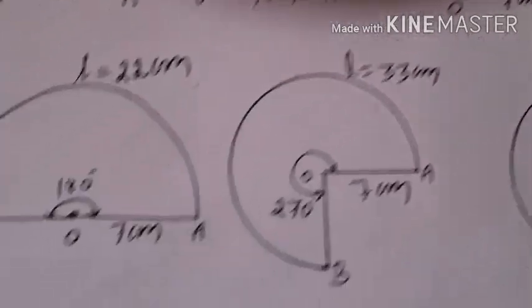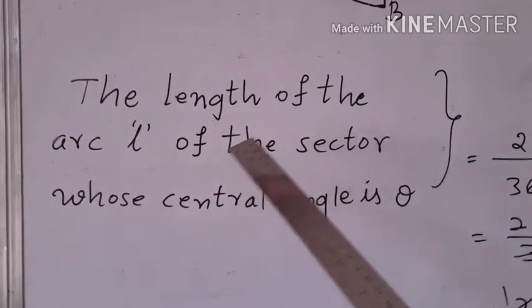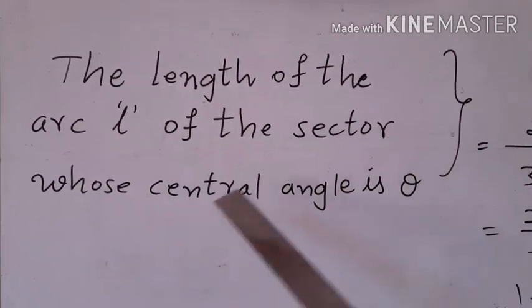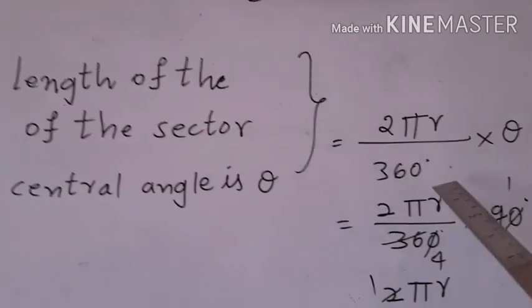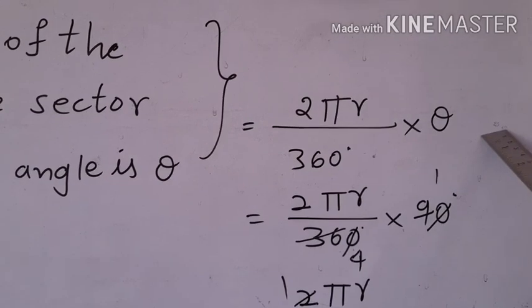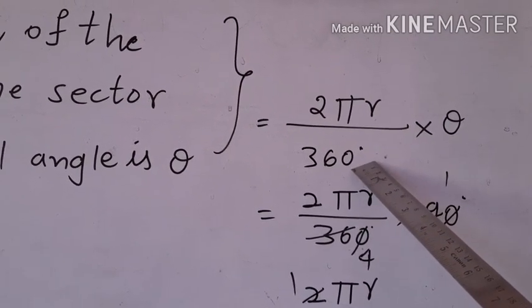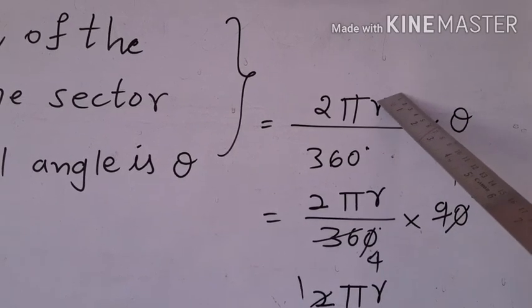Okay, for this we have the formula, the length of arc L of the sector whose central angle is theta, okay, is 2 pi r by 360 degree into theta. Okay, that is, when the central angle is 360 degree, the length of the arc is 2 pi r.